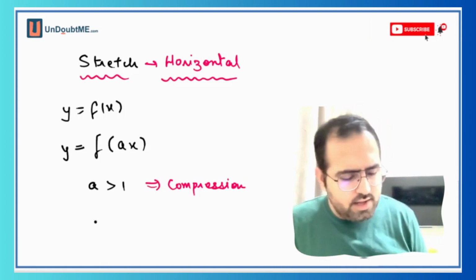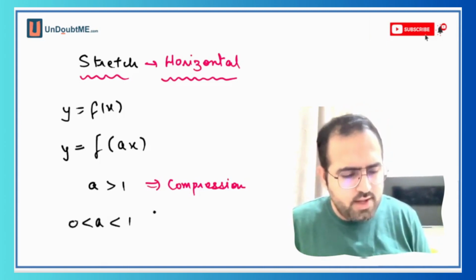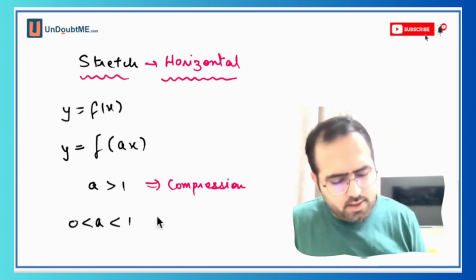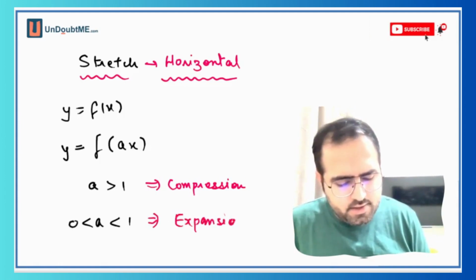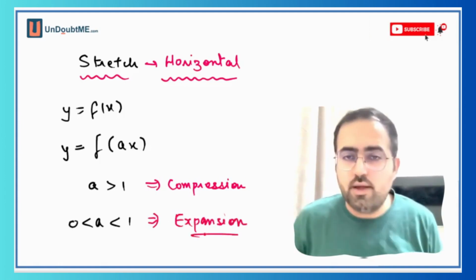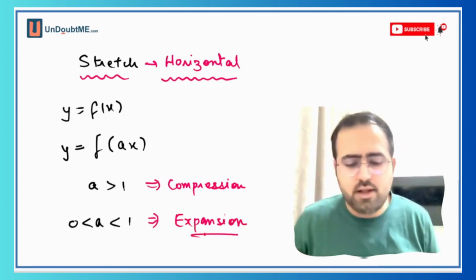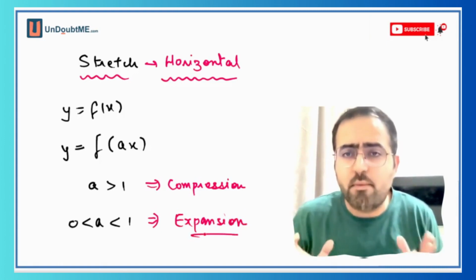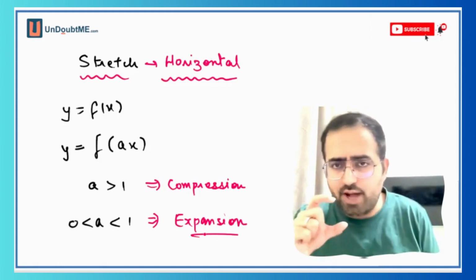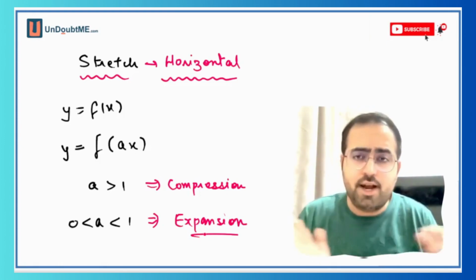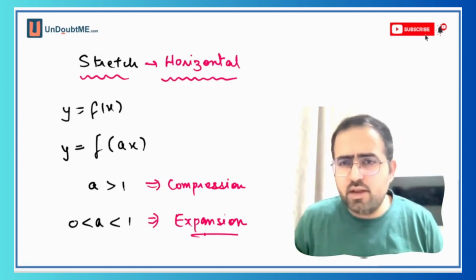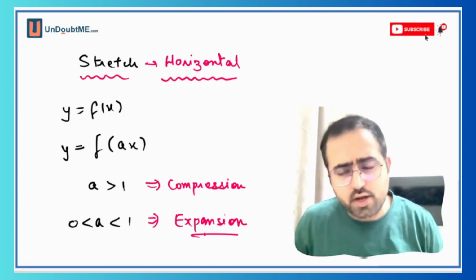Similarly, if the value of a is between 0 and 1, then it will be expanded by that factor. For example, if I have y is equal to sin of x by 2, the value of a is 1 by 2, so that graph will be expanded by a factor of 2. So we can say that the time period, frequency, everything will be changed accordingly.